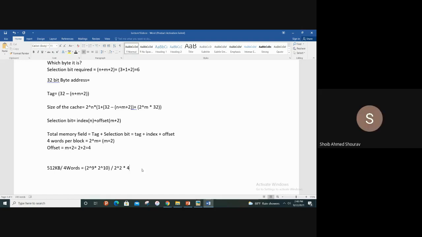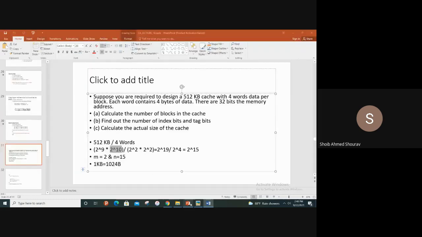So every word is 4 bytes, and that is 2 to the power 2 as well. So if we find the result of the calculation, at the top it is 2 to the power 19, divided by 2 to the power 4, will be 2 to the power 15. So the number of blocks is 2 to the power 15.